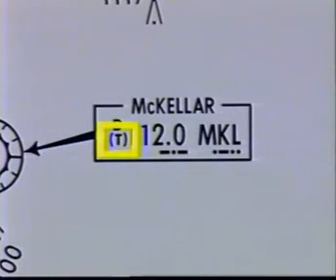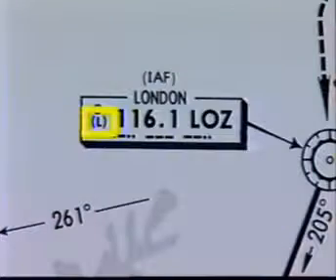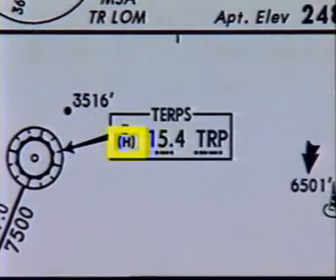For VORs, a letter T appearing in the box indicates that the station is a terminal class facility. These navaids are used primarily as approach aids and are normally not part of the en route structure. An L indicates a low altitude class VOR, while an H is used with high altitude stations.